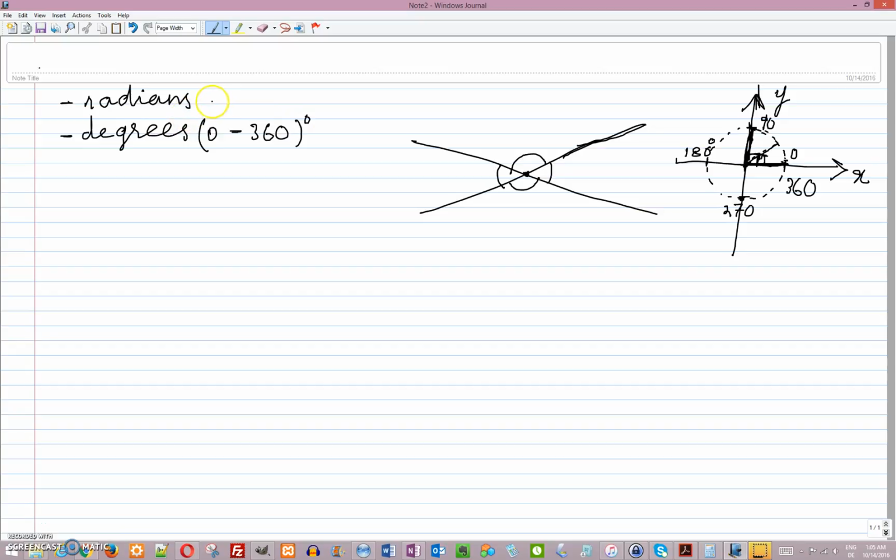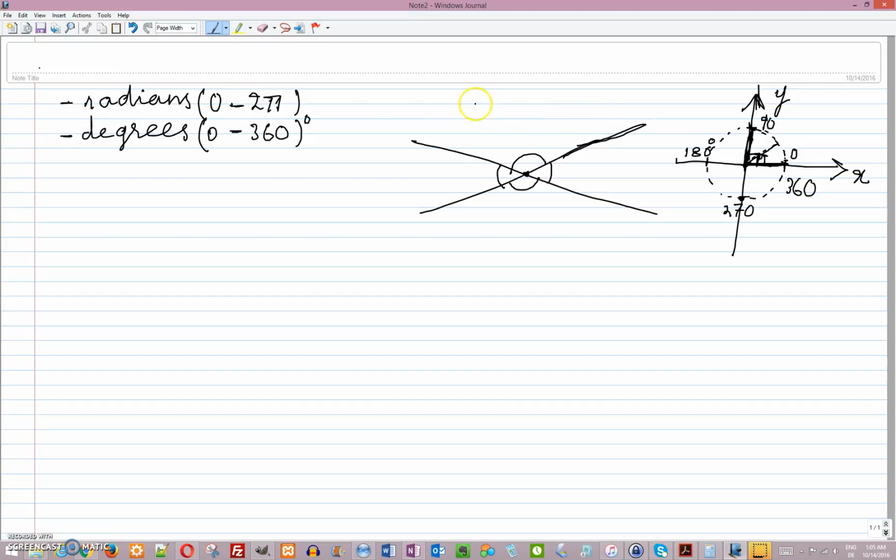Degrees, and radians is basically the same story, but the same circle has been divided into 2 pi radians. So you have 0 to 2 pi over here as radians.